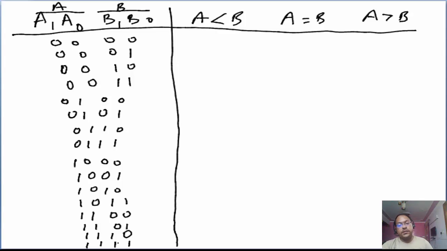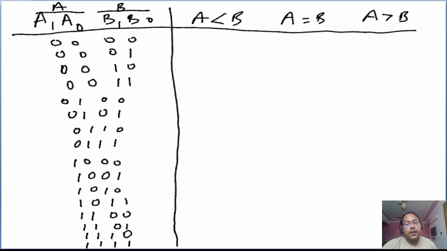So you can see that the 16 combinations are starting from 0 0 0 0 to 1 1 1 1.